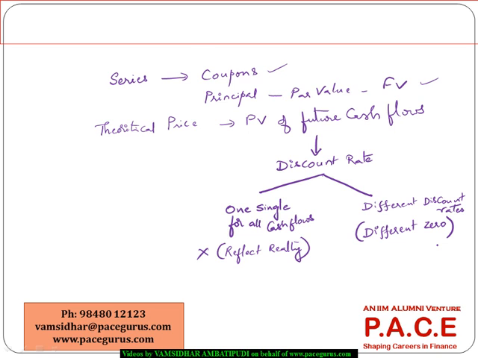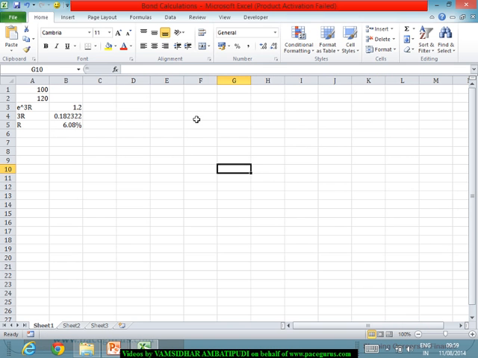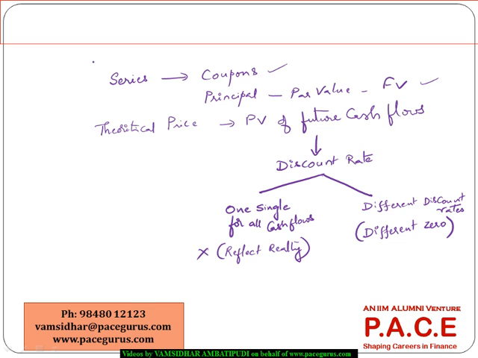Let me take the example of a 3.5% annual coupon bond with a 5 year maturity period associated with it.